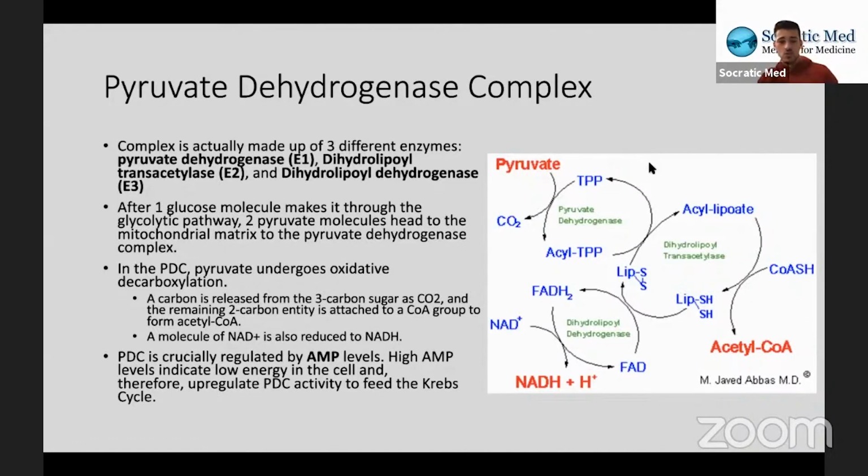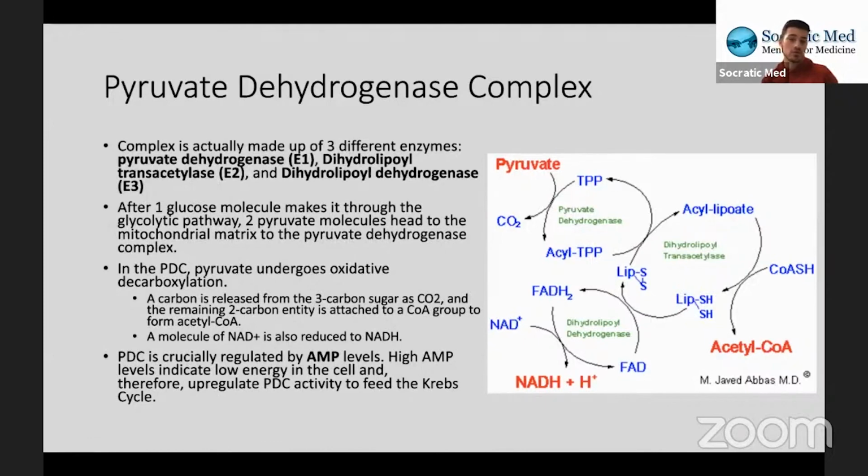So PDC is crucially regulated by AMP levels. High AMP levels indicate low energy in the cell and therefore upregulate PDC activity to feed the Krebs cycle. So AMP is the result of when you take ATP and you remove a pyrophosphate. Pyrophosphate is 2 phosphate groups that are connected. So we have adenosine triphosphate.